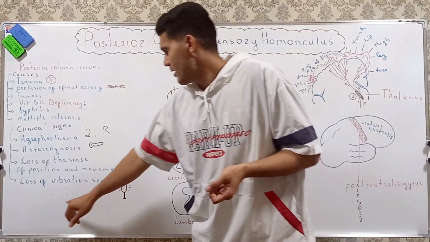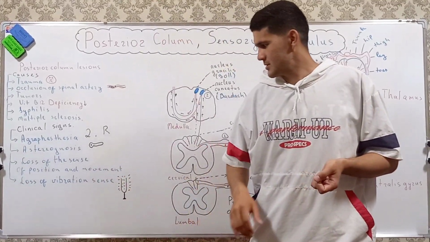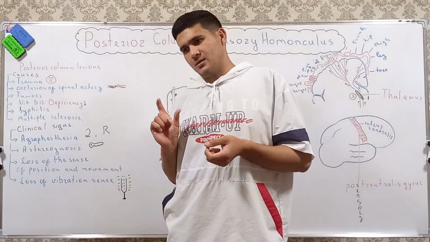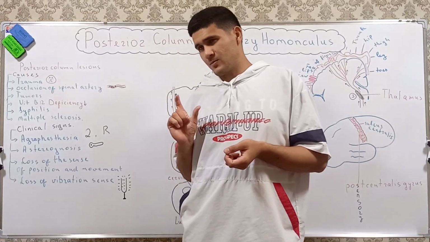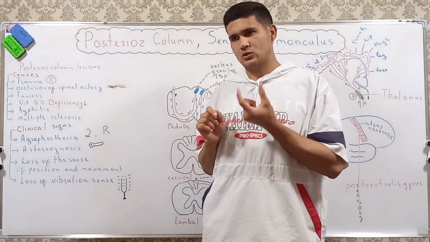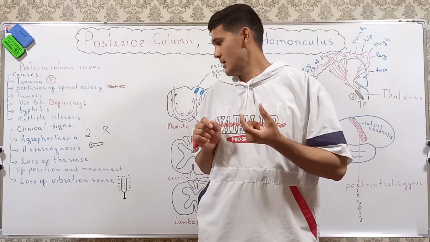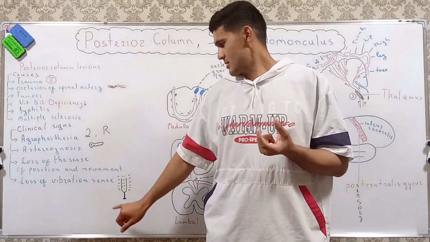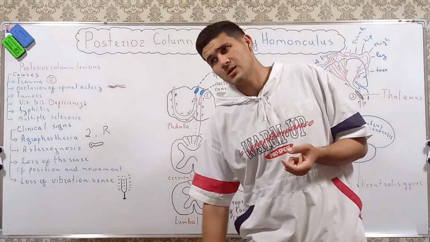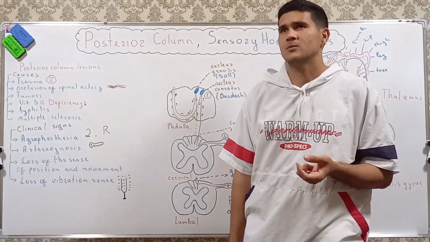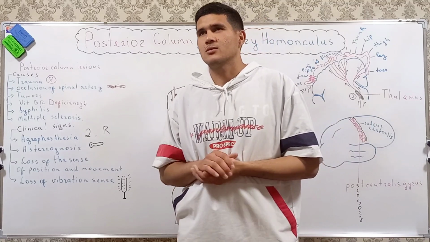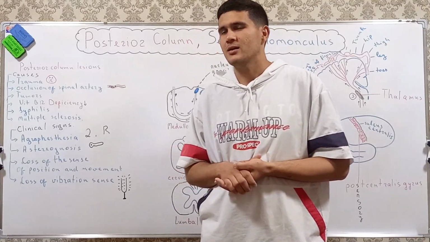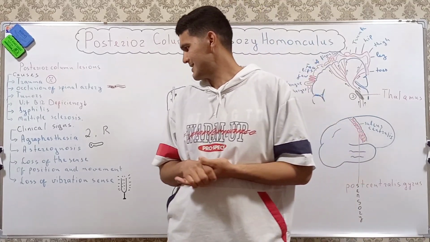The last one is loss of vibration sense. Some doctors use special tools to detect vibration sense by putting them on muscles or joints. The patient says that they can't feel the vibration.